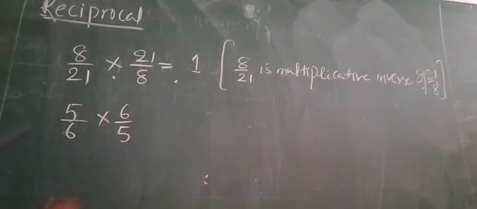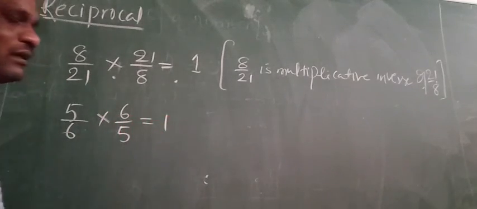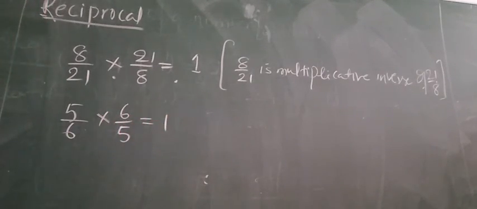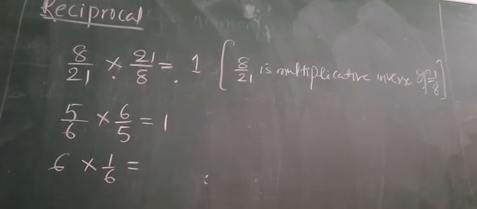Once you multiply 5 by 6 with 6 by 5, you will get 1. Now one more question, you tell me, what is the multiplicative inverse of 6? 1 by 6. Very good. If you multiply 6 with 1 by 6, you will get the product 1.